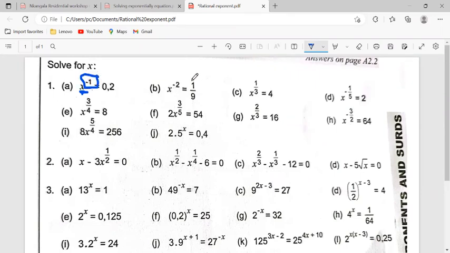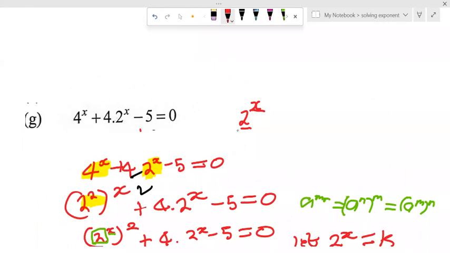Your index has a number. So you have a base. The difference between this question and the questions that you were doing before, come and check here. Nothing has changed that much. It's just that we are dealing with exponents where this went down, this went up.